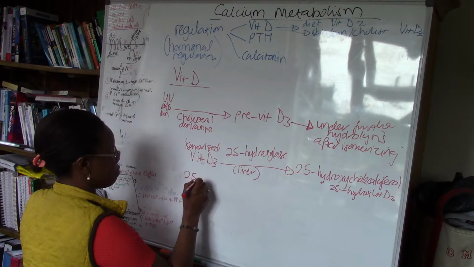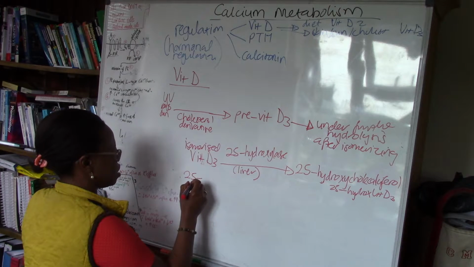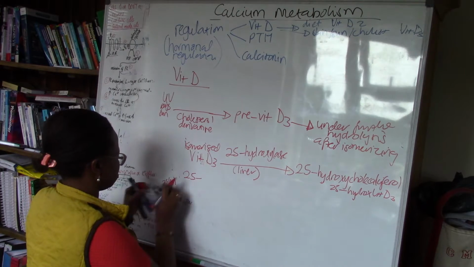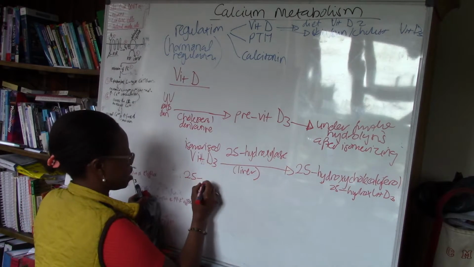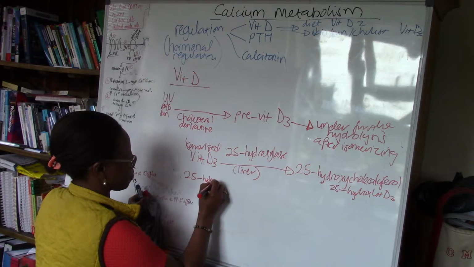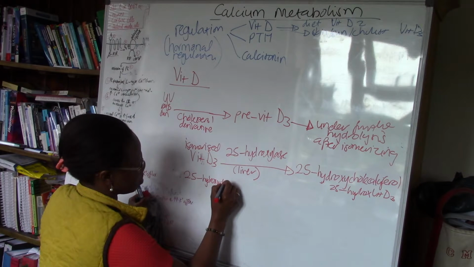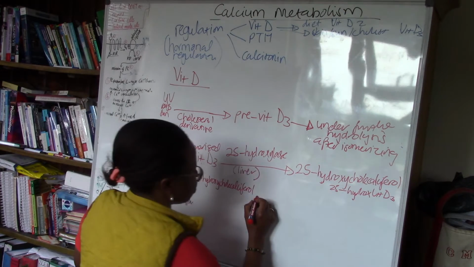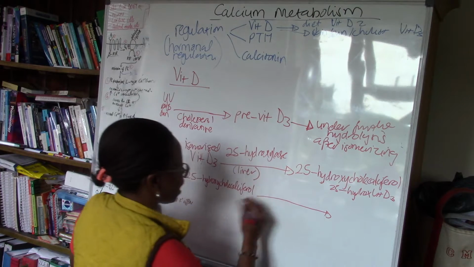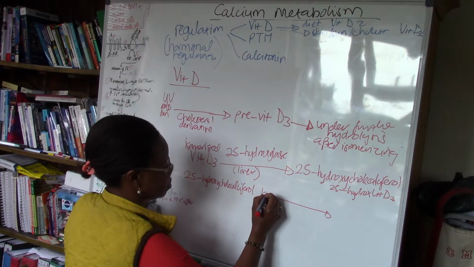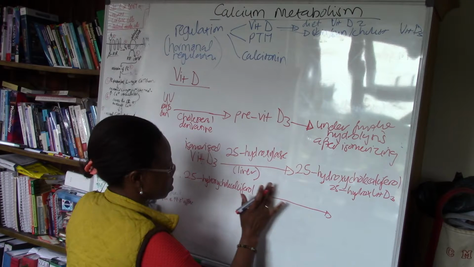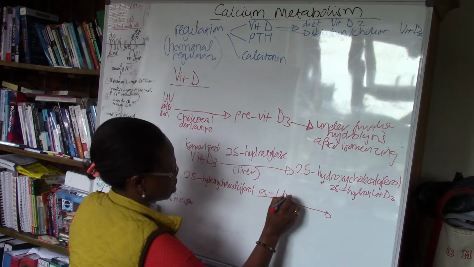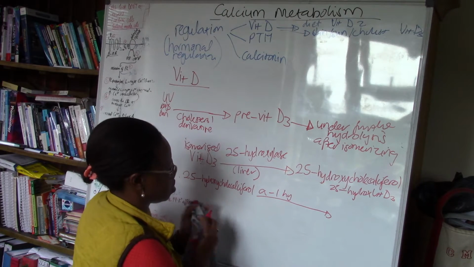So the 25, I was trying to remember the equation. Oh no, let's not write it out because I can't remember it properly. 25 hydroxycholecalciferol will then be converted by 1 alpha hydroxylase. Is it alpha 1 or 1 alpha hydroxylase?